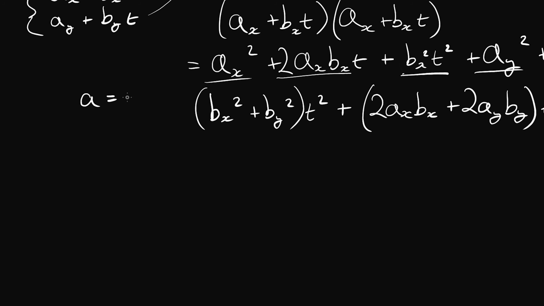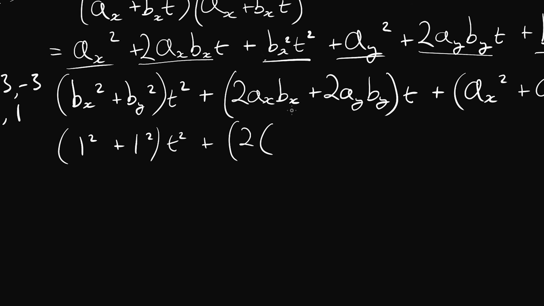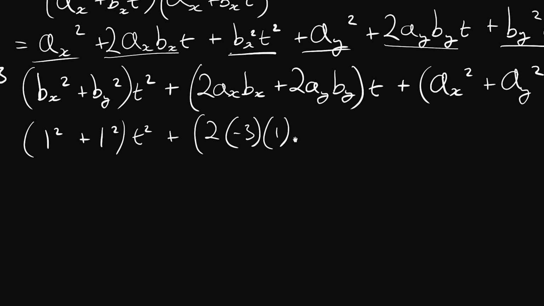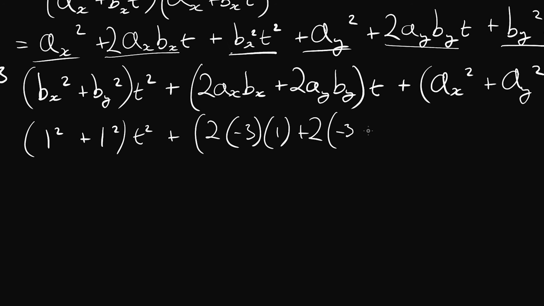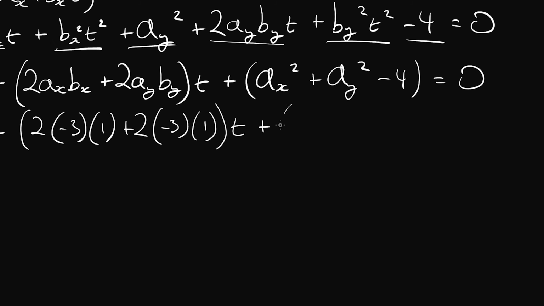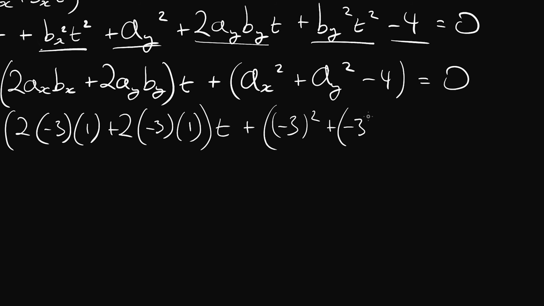So let's begin. bx squared, so that's going to be 1 squared plus 1 squared for y, t squared, plus 2 times ax, which is minus 3, bx, which is 1, plus 2ay, which is minus 3, by, which is 1, all of that multiplied with t, plus ax squared, which is minus 3 squared, plus ay, which is minus 3 squared, minus 4 equals 0.